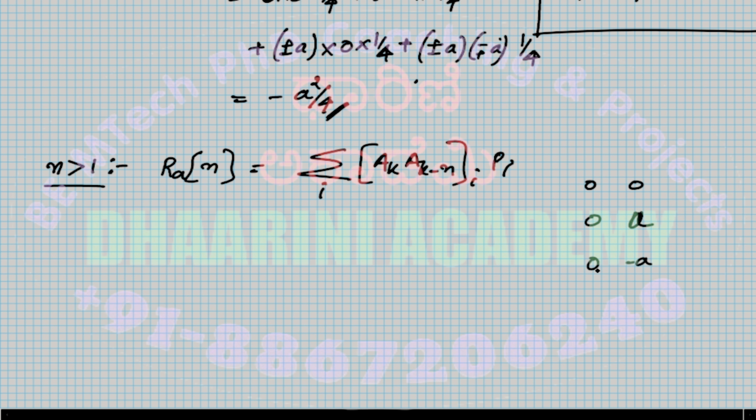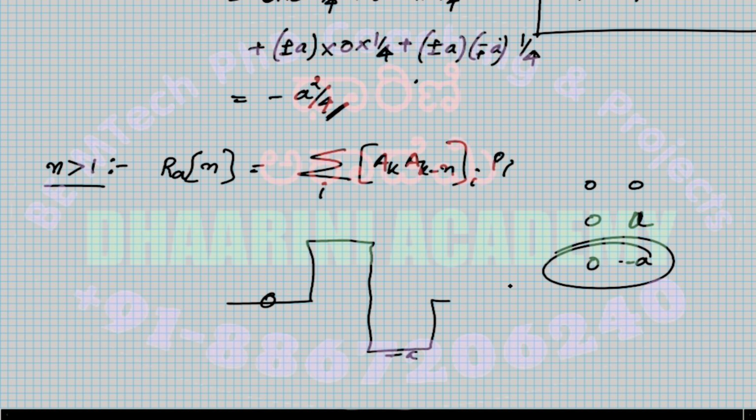I'll write that case. This is 0. I got a 1 here, right? Once again, I get a 1 means this has to be minus A, isn't it? So this is 0, this is minus A. That's what is this case, right? So previous case 0, 0, then 1 coming.